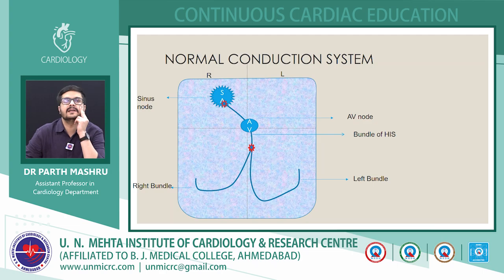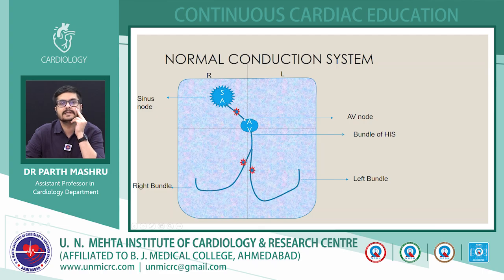So what is pre-excitation basically? To understand pre-excitation, we need to understand the normal conduction system also. This is a basic schematic animation which I have made to explain the normal conduction system. First of all, the conduction system starts from the SA node. The action potential travels from the SA node to the AV node.